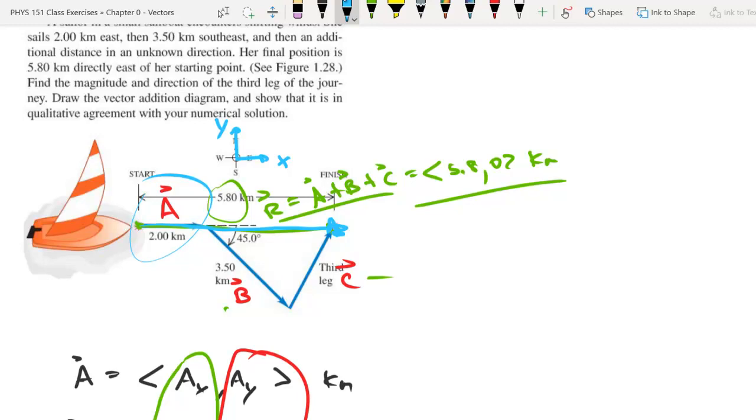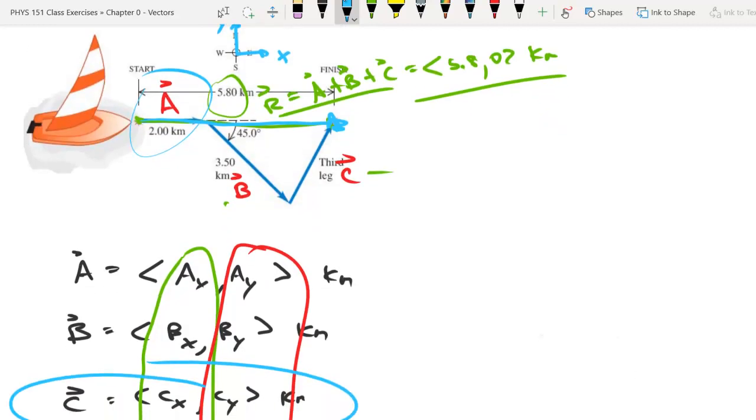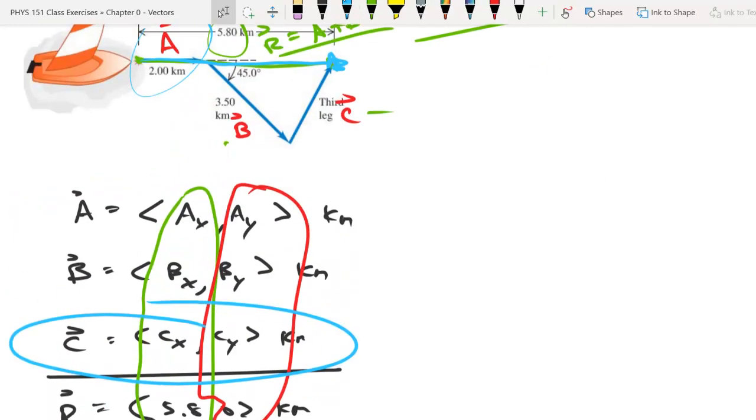Of course, let me actually write these out. Vector A, maybe I'll write them just beneath here.